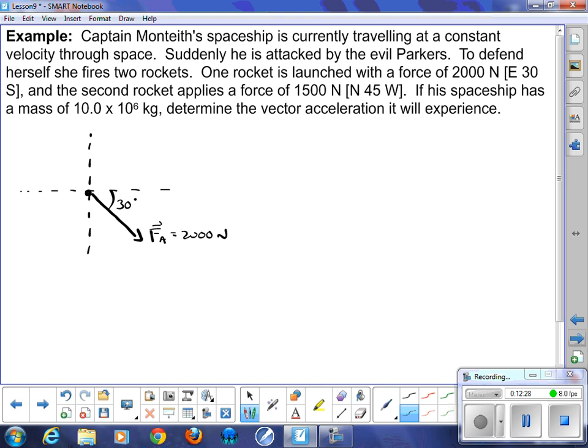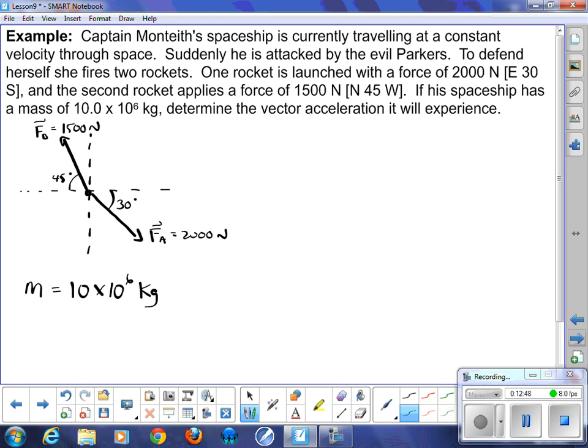Second rocket then is shot north 45 west. So there's my 45. And we'll call that force B, and it is 1,500 newtons. And we know the mass of the spaceship is 10 times 10 to the 6th kilograms.